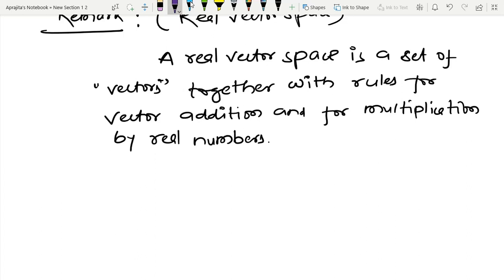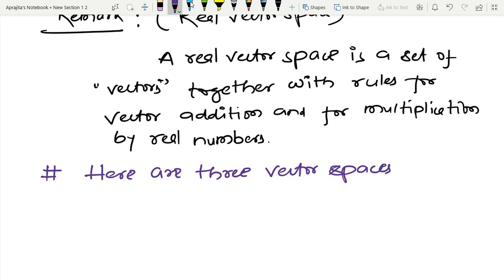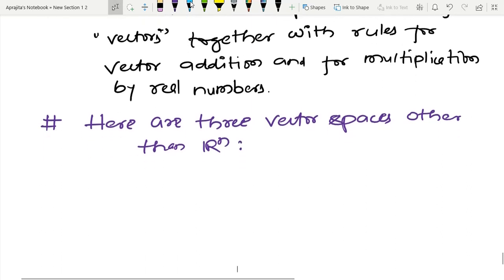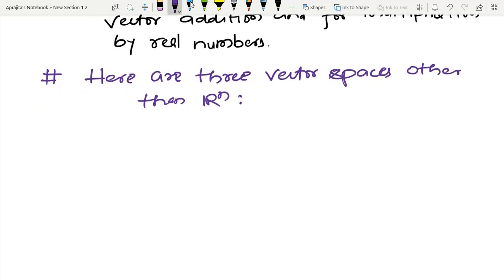So here are three vector spaces other than Rn, and we will see the motivation also. So the first one is denoted by M.